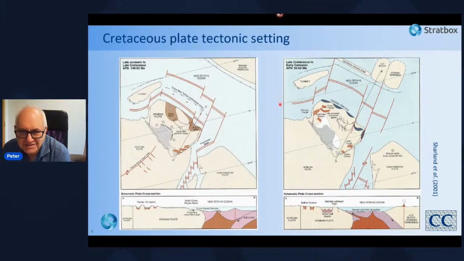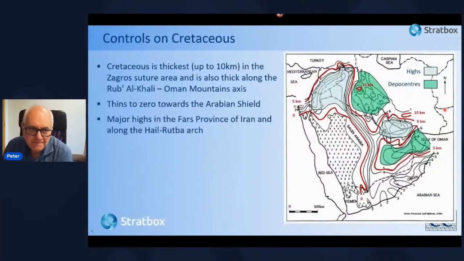From the late Cretaceous to the early Cenozoic, Neotethys began to close, and we begin to see evidence of structuring and ophiolite obduction along the continental margin. We don't actually see the continental margin in the preserved Arabian Plate because that was consumed by the convergence culminating in the development of the Zagros Suture.